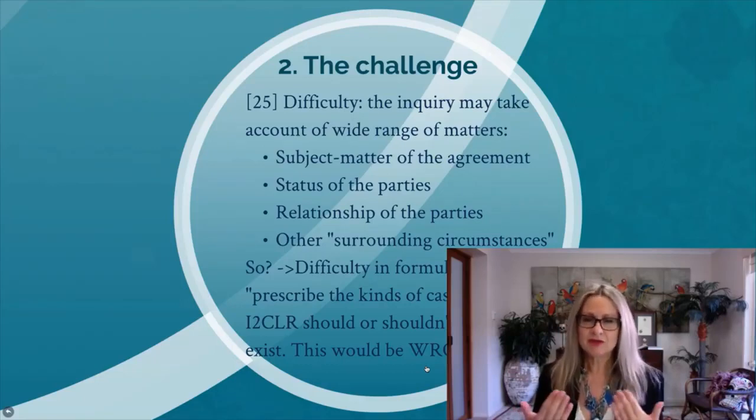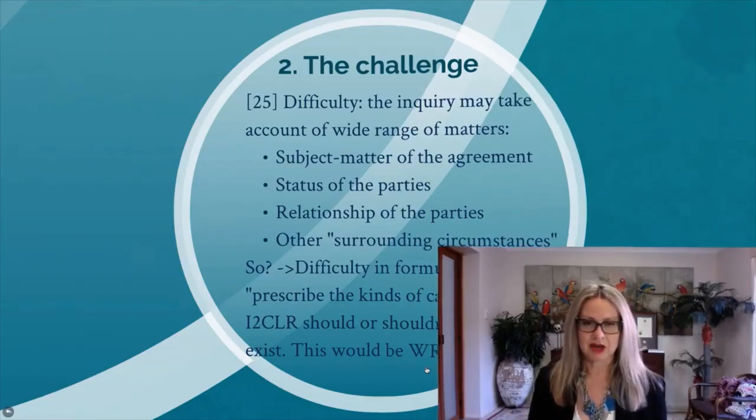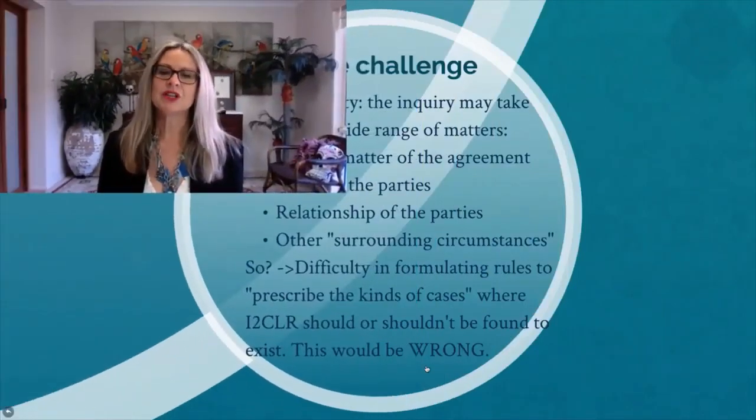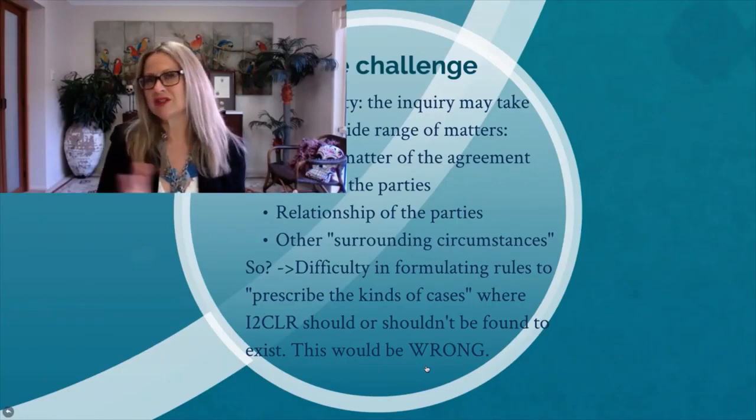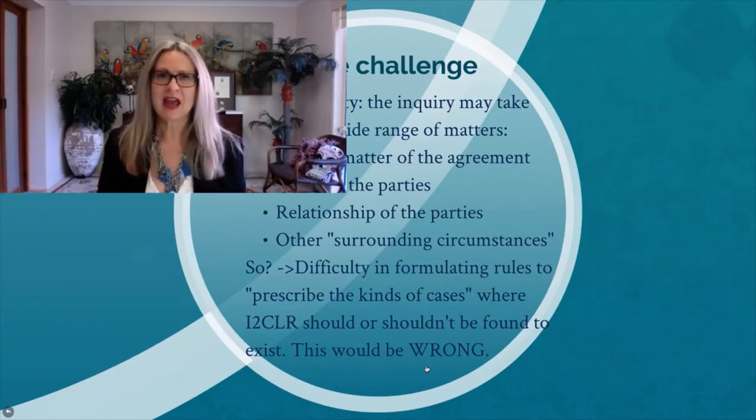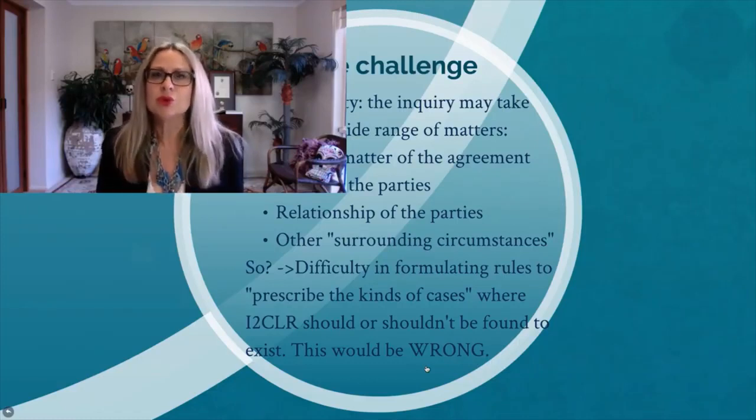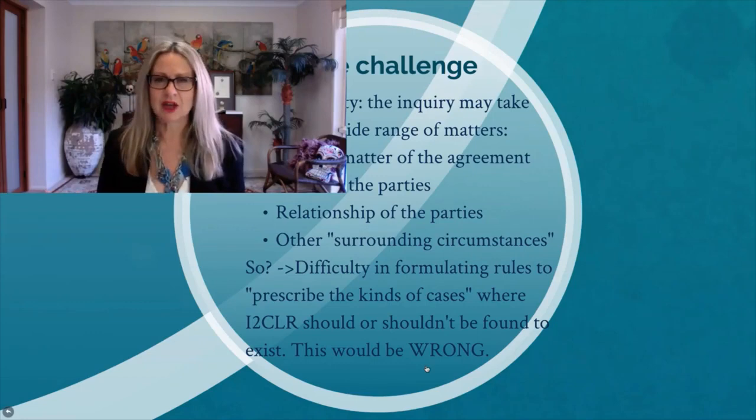Okay, so there are a lot of things that judges need to get across when they're factoring in intention to create legal relations. The difficulty for judges then is that given there is this broad range of circumstances, how do you go about prescribing rigid rules that would apply to kinds of cases?